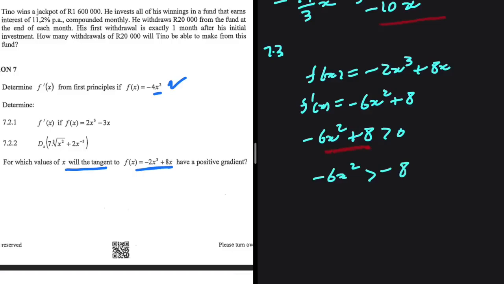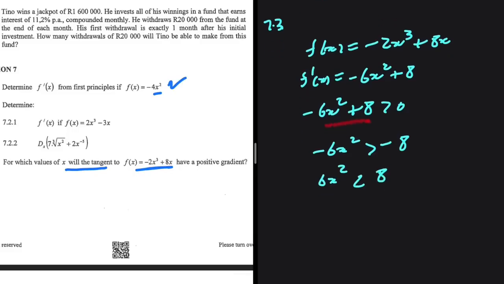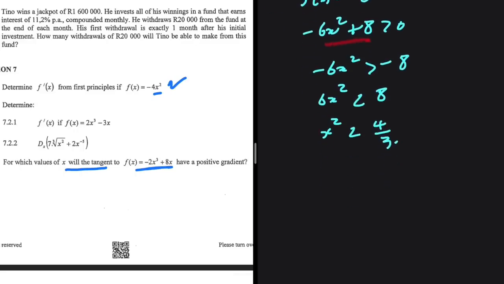We're going to divide both sides by negative 1. If we divide by negative 1, the sign of the inequality changes, right? So we're going to have 6x squared being less than 8. Dividing both sides by 6, we're going to get x squared being less than 4 divided by 3. We can go ahead and find our critical values.